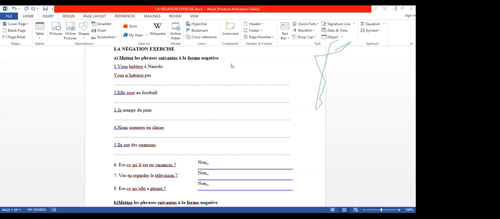Now for the negation, you remember you have to pronounce it the same way as you've written it. We don't want n' and on to look like two words. It should be ils n'ont pas des examens. D'accord? Oui, d'accord.